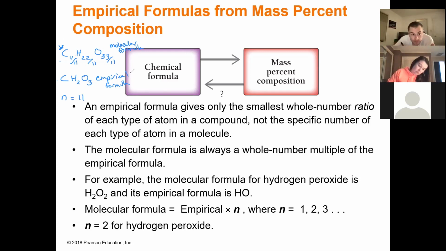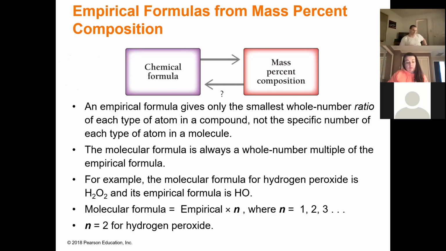So let's first spend some time talking about empirical formula. Because anytime I'm given the mass percent composition, I can go back to a chemical formula, but I specifically can solve for or go back to its empirical chemical formula, not its molecular chemical formula. So let's go ahead and do this for water.